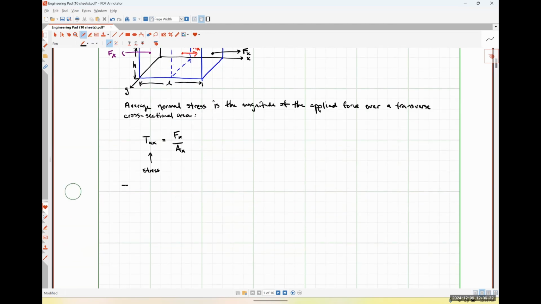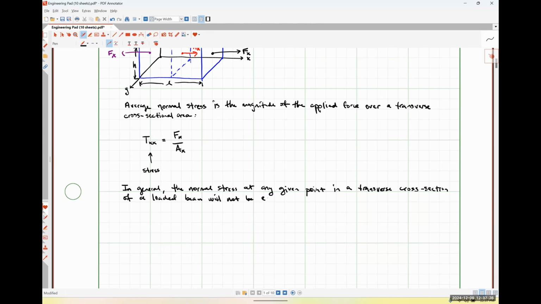So in general, the normal stress at any given point in a transverse cross section of a loaded beam will not equal the average normal stress.